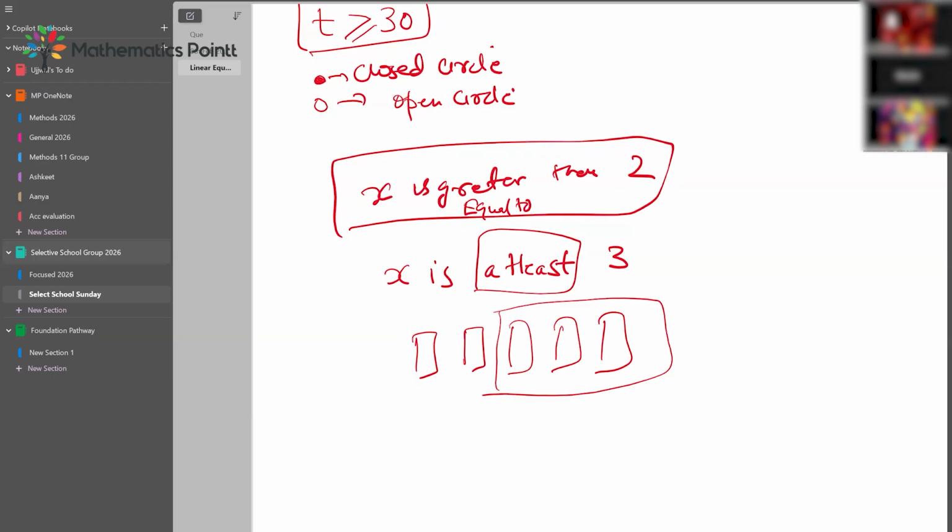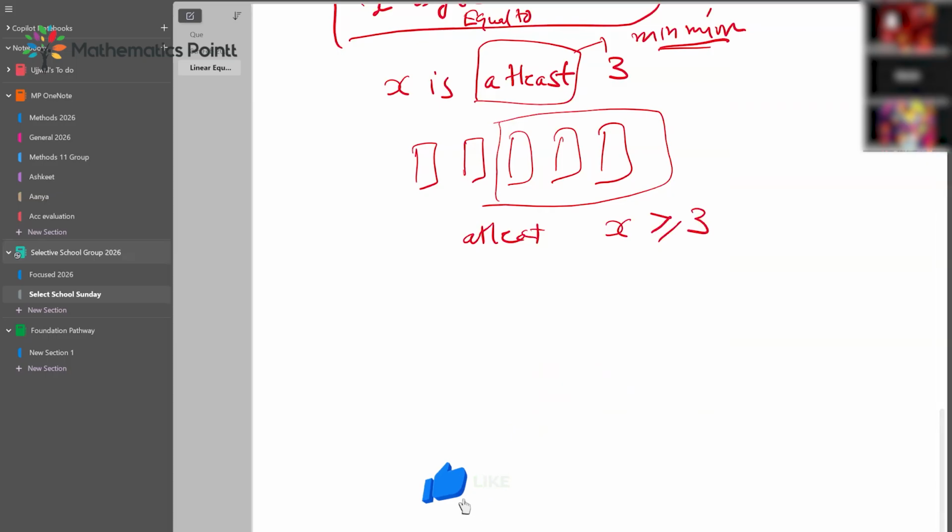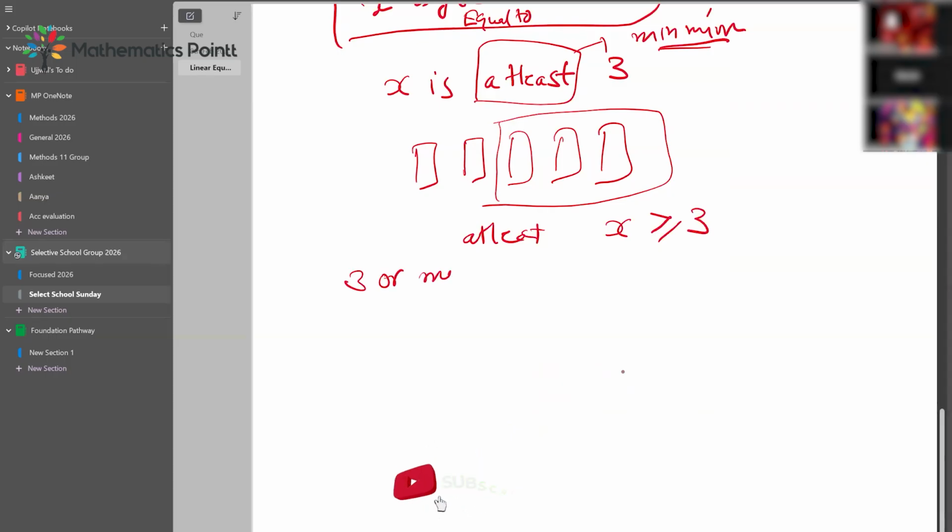Someone can pick up 3, someone can pick up 4, someone can pick up 5. So at least means a minimum. At least 3 is nothing but greater than or equal to 3, or more. Yes, Sakita. Yeah, exactly. That's another good English phrase: 3 or more.